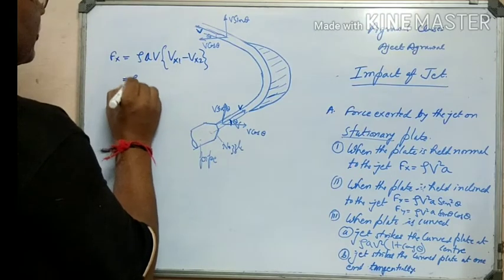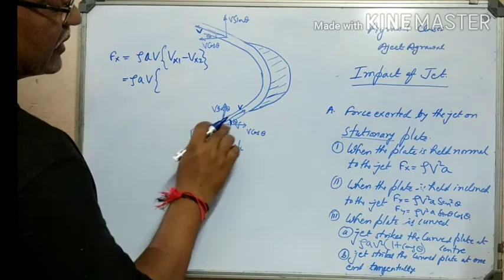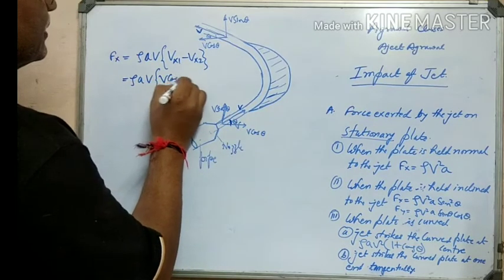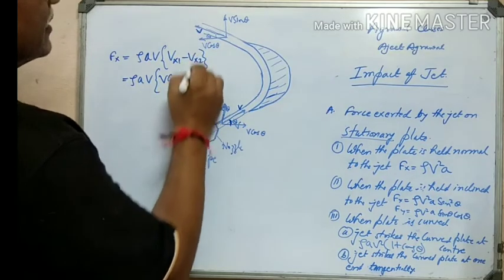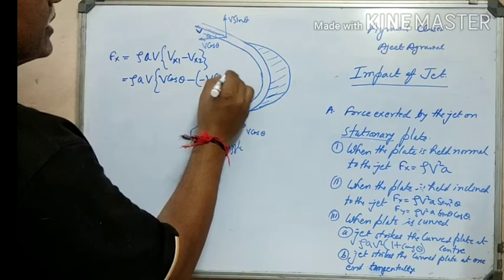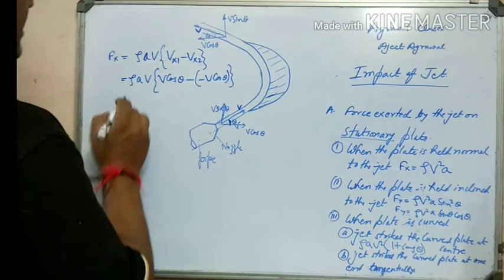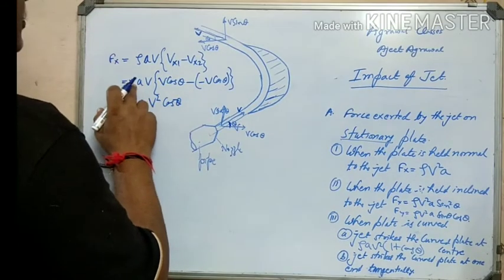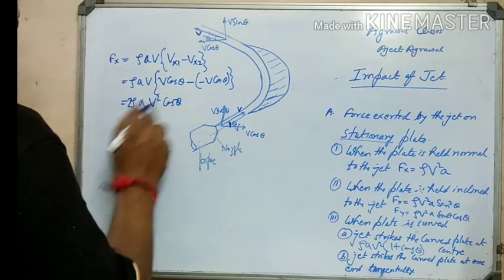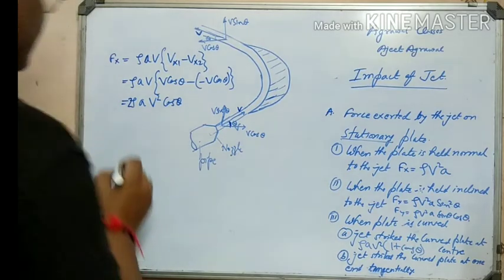So here it is rho a v, where Vx1, the inlet velocity, is v cos theta, minus minus v cos theta, because this is in the reverse direction. So this becomes rho a v square cos theta into 2. So this is the force exerted in the x direction.